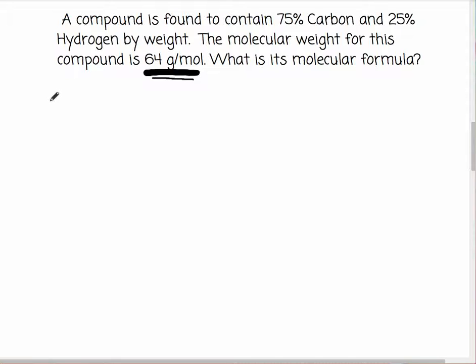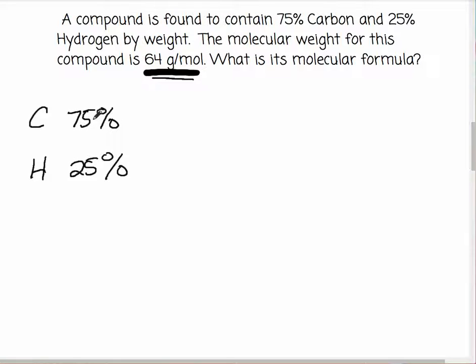First thing we're going to do is take the percent composition. So we have carbon and we have 75% of it, and we have hydrogen and we have 25% of it, and we're going to calculate the empirical formula from this information. Because once we have the empirical formula and we have the weight of what the molecular formula should weigh, we can find out what number multiple that molecular formula is going to be of that empirical formula.